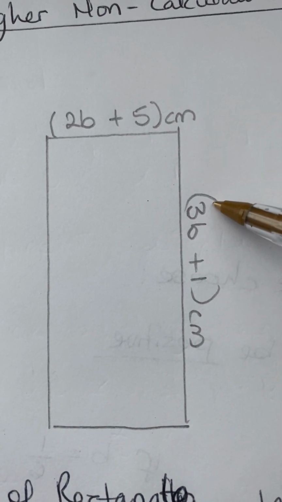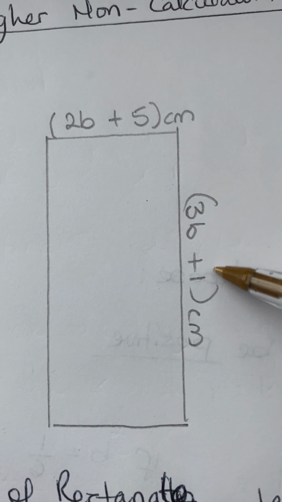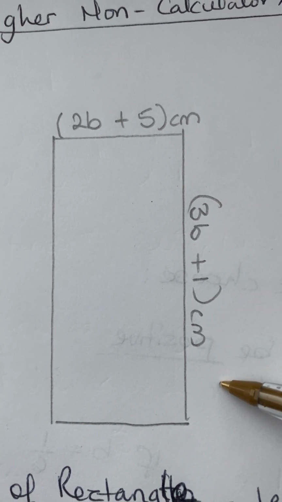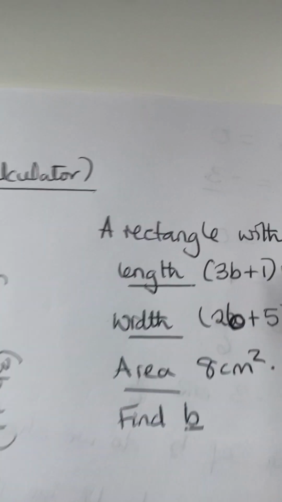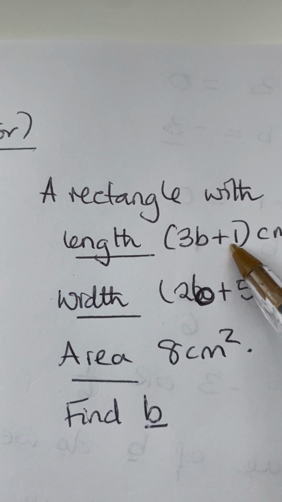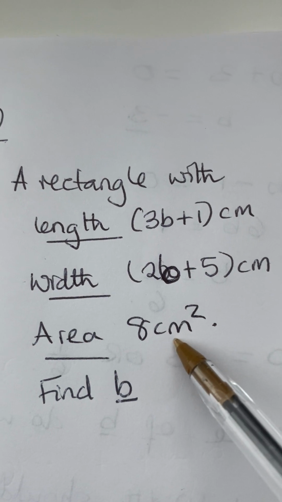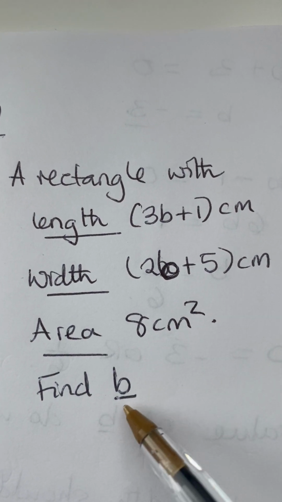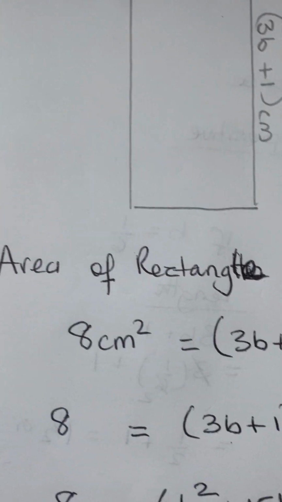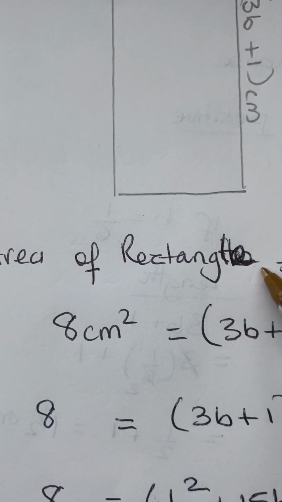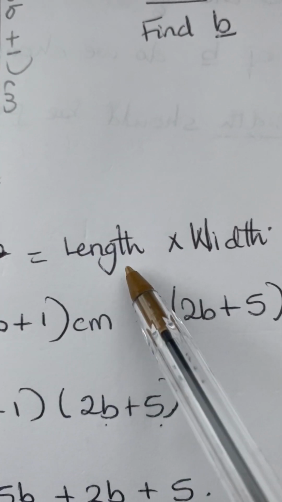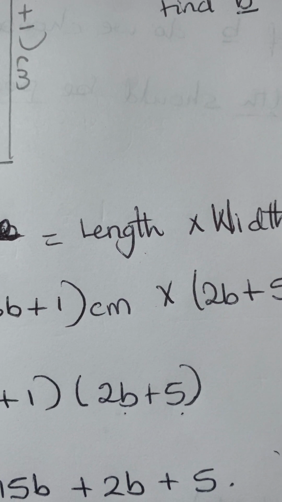The length is 3b plus 1 centimeters. Now, a rectangle with length and width has an area of 8 centimeters squared. Find b. The area of a rectangle is length times width.